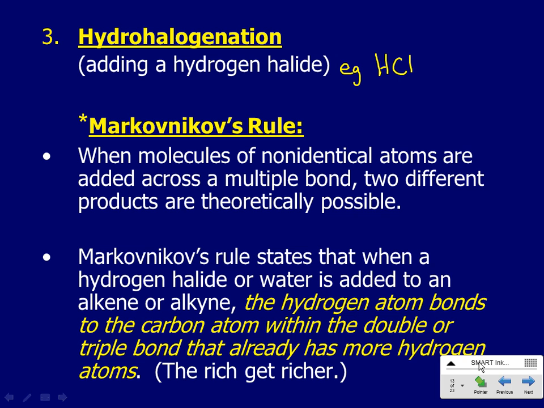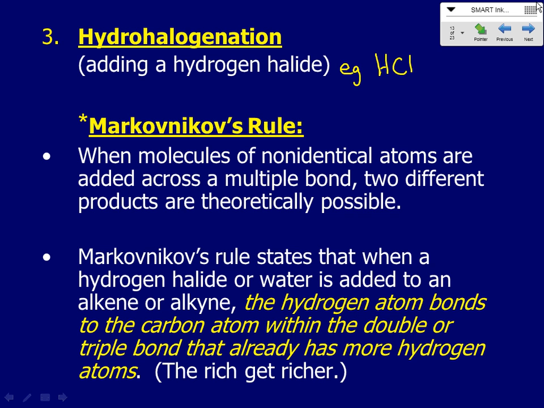Now, it turns out that when we do this maneuver, there's a question on where to put the hydrogen and where to put the halide. Because now we have the opportunity for two different products, because I'm adding two different atoms.